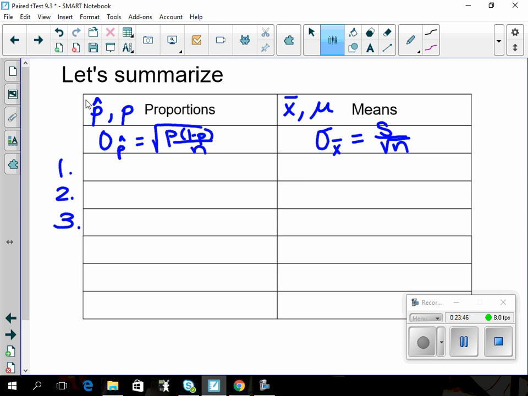We have that our sample size is less than 10% of the population. And I'm writing it across because it applies to both proportions and means. We good so far? What's the other one that applies to both proportions and means? The randomization factor.